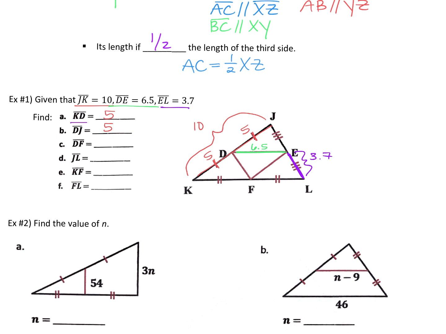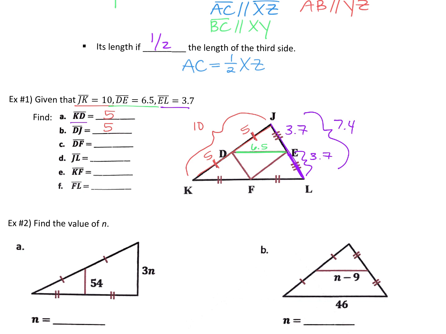Okay, so to find DF, forget about DF for a second. What's JE? 3.7. So if this whole length right here is 7.4, if we add those together, DF is half of that. So what do you notice?